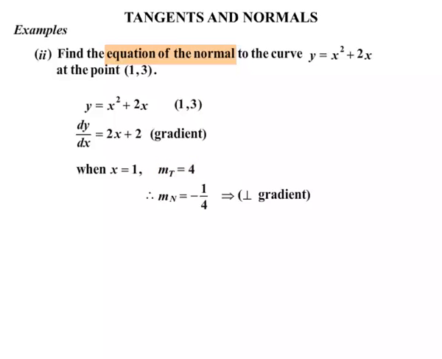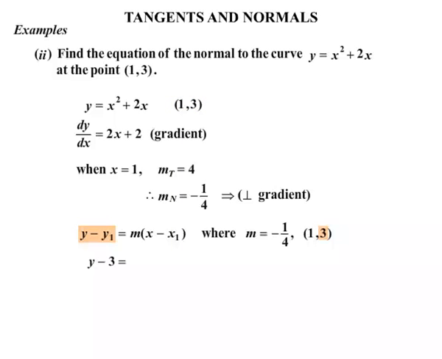Now the equation of the normal, we're going to use the same formula there, y minus y1 equals m times (x minus x1). So the gradient is minus 1/4, and the point of interest (1, 3). So y minus y1, where our y1 value is 3, equals m, where that's our gradient there, minus 1/4, times (x minus x1), where our x1 is 1.